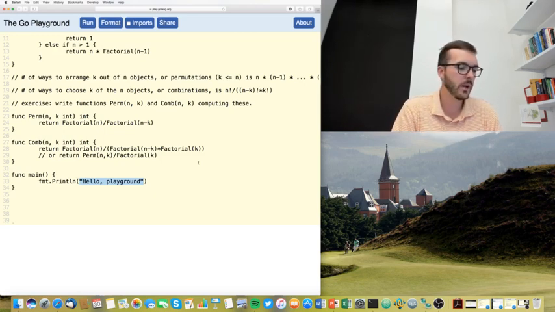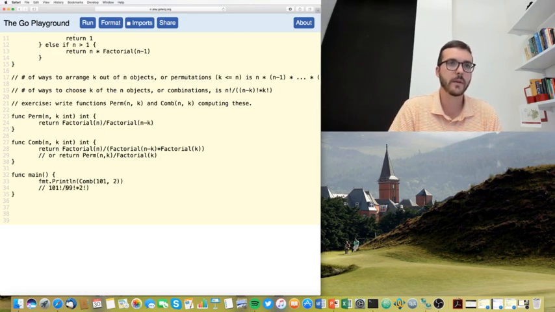The one that we could do would be combination of 101, 2. So this is a test value, and it's the number of ways to choose 2 objects out of 101 objects. The order doesn't matter. We're just choosing a set of 2 objects. So we can compute this as 101 factorial divided by 99 factorial times 2 factorial.